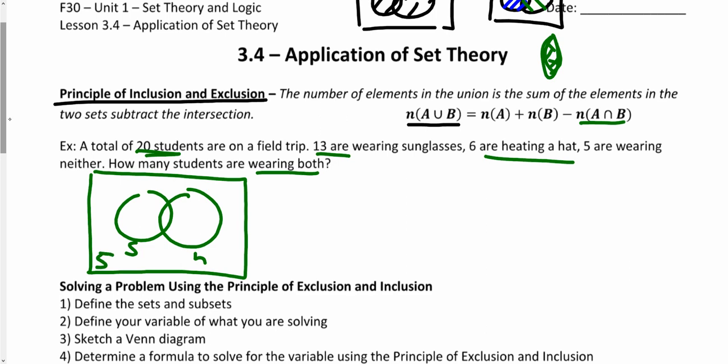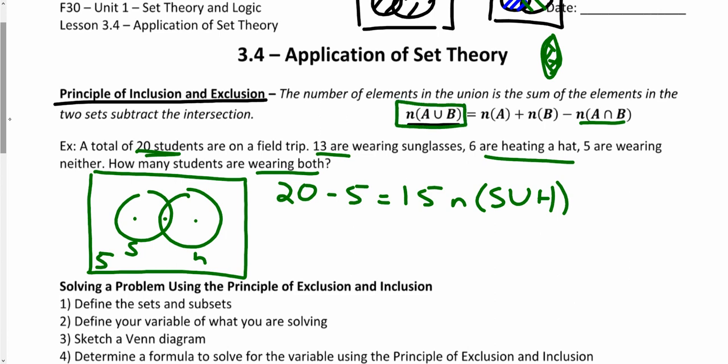That means 20 minus 5, we have 15 left over. That 15 is the number of people wearing sunglasses or a hat, so that's everybody left over. So here, here, and here all have to add up to 15. And that's actually this part of the formula.